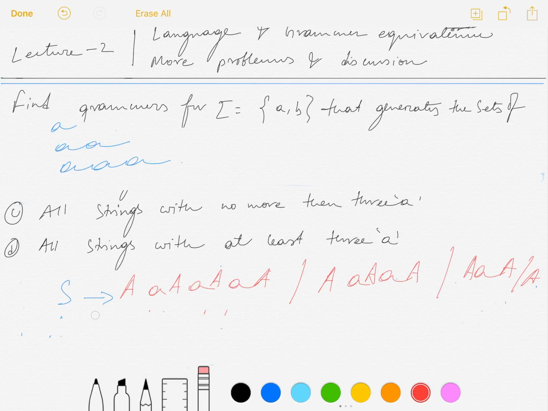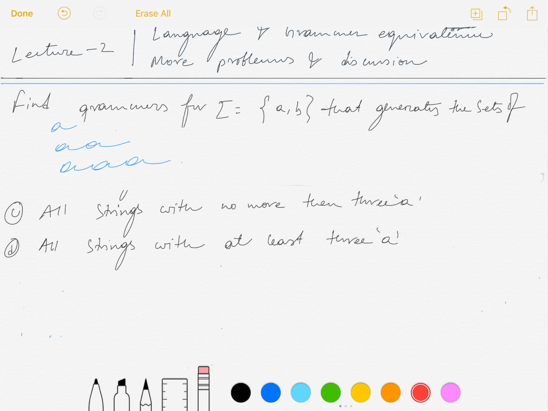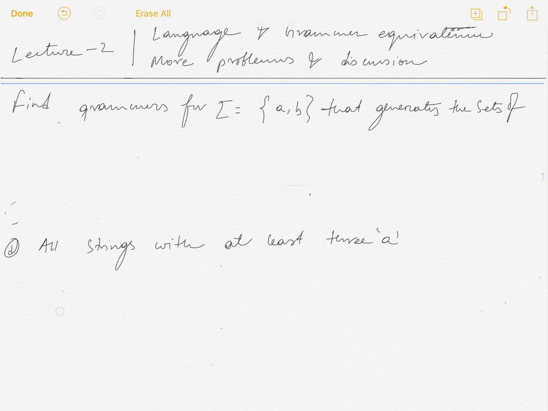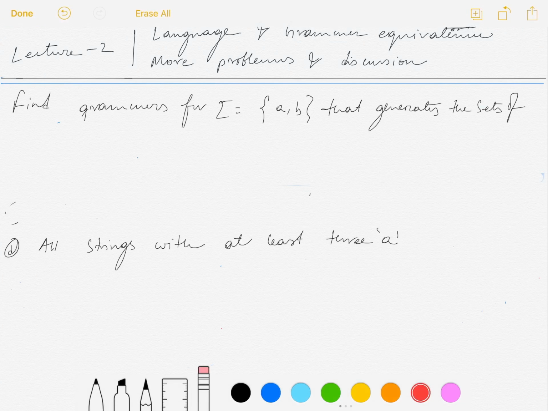Now, what should be the solution for the last problem? That all strings with at least 3 a. At least 3 a means it must be 3 a and there may be more than 3 a.